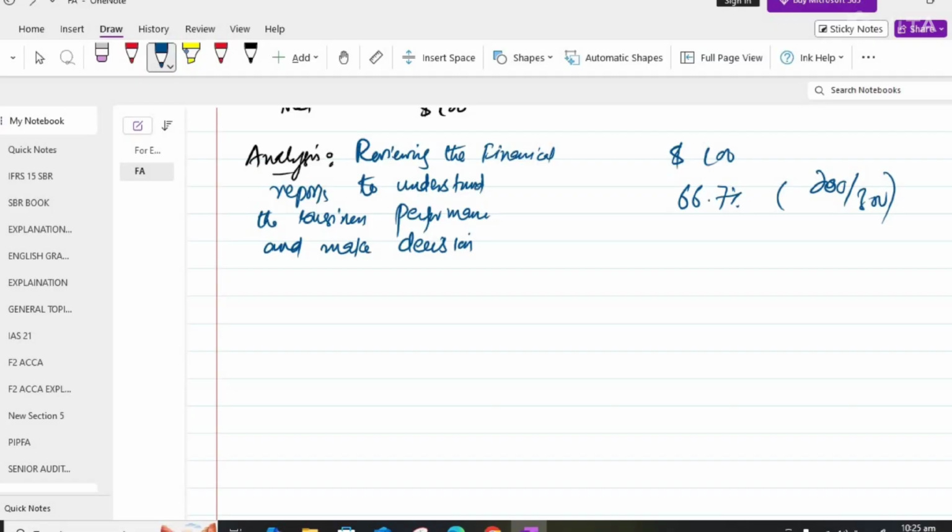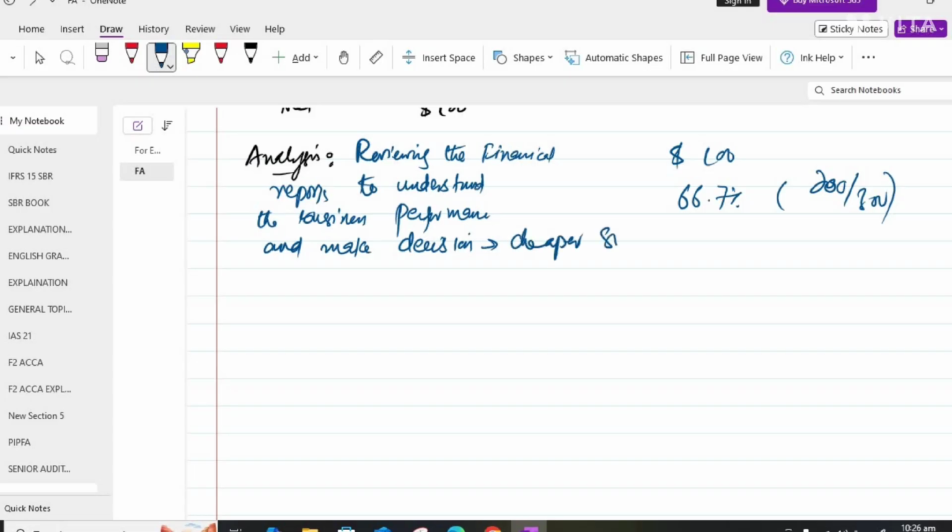Now the insight here is that the profit margin is low because expenses are high relative to sales. So the decision will be that the owner decides to reduce the cost by moving to cheaper supply.